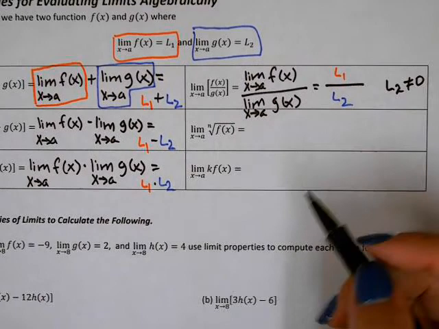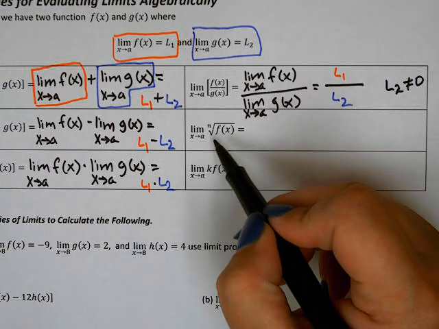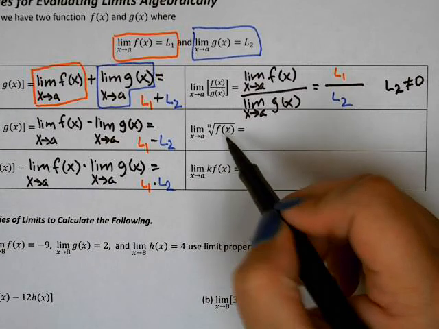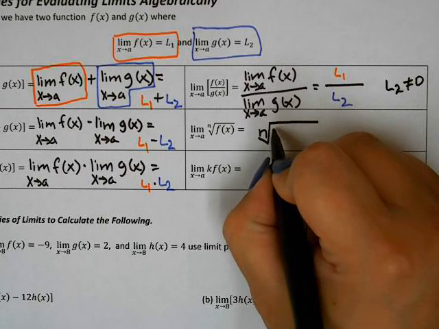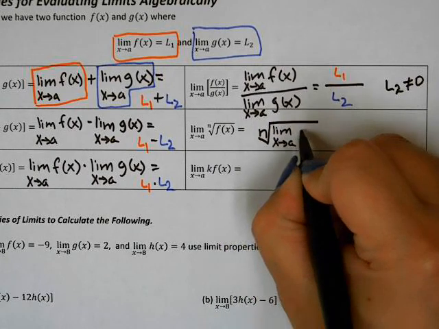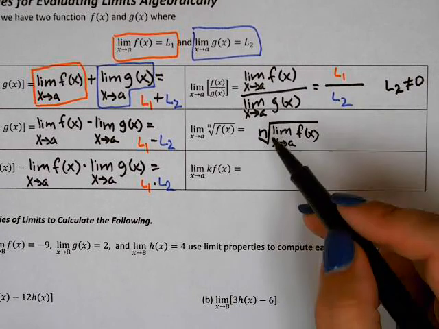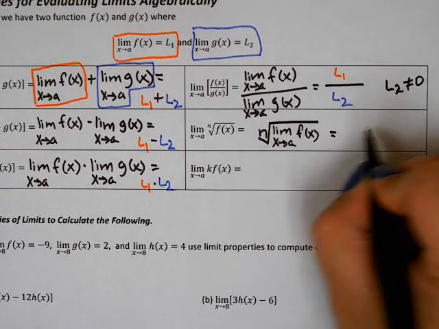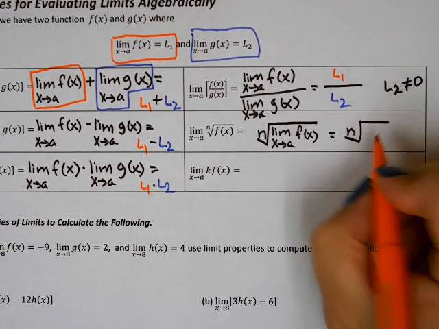All right, this part here, we're taking the limit as x approaches a of the nth root of f of x. So really, we can take the nth root of the limit as x approaches a of f of x. So we can take that radical and pop it out of the limit, okay? Which really means that this would end up being the nth root of L1.